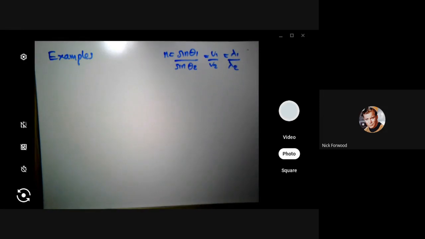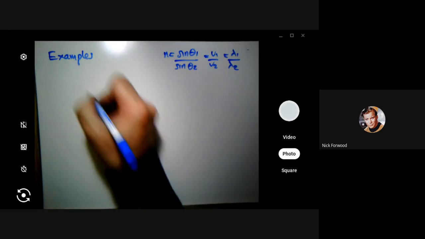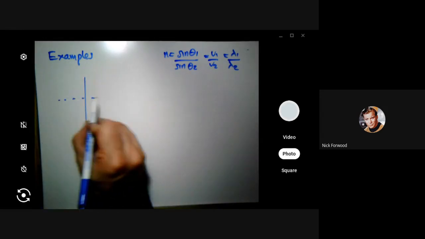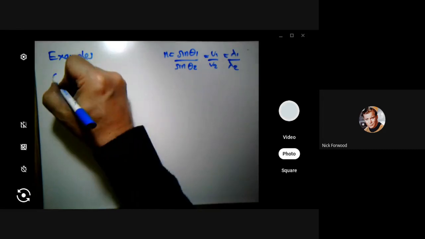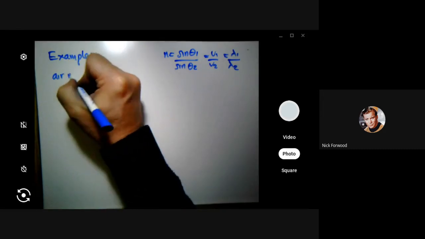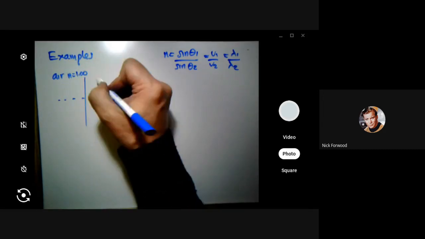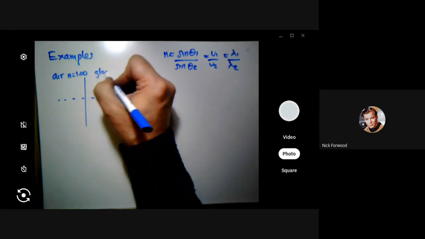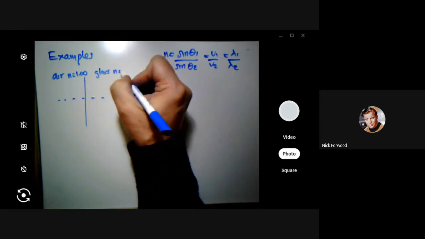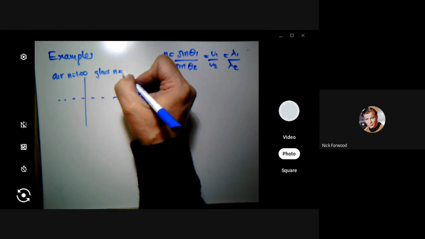Let's have a look. Just having a look at my notes because I've got all this worked out already. Same sort of thing as before. Air. You'll be used to this by now. Glass. No, do a water one.